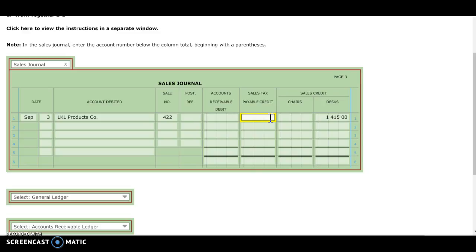So we're going to do 1,415 times 8%. That gives us a sales tax of $113.20. We would add those 2 numbers together then to get how much LKL Products owes us, $1,528.20.